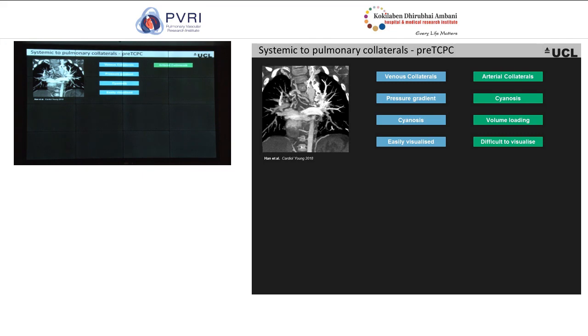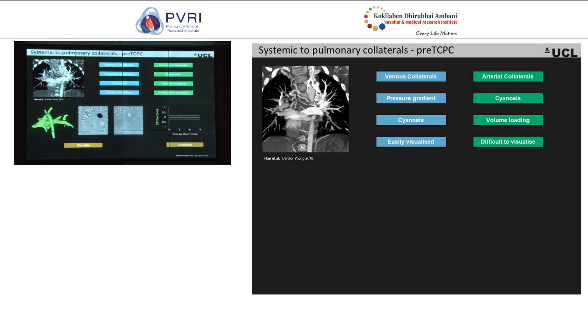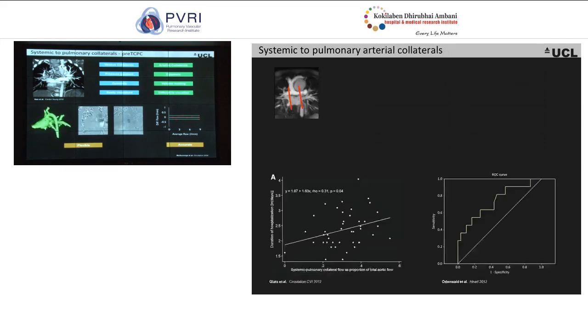Arterial collaterals, on the other hand, are driven by cyanosis and cause volume loading of the ventricles, but they can be quite difficult to visualize, even on an aortogram, unless you do selective angiography. But because you can measure flow in different vessels, you can start trying to untangle the different regional vascular beds from which the flow is deriving.